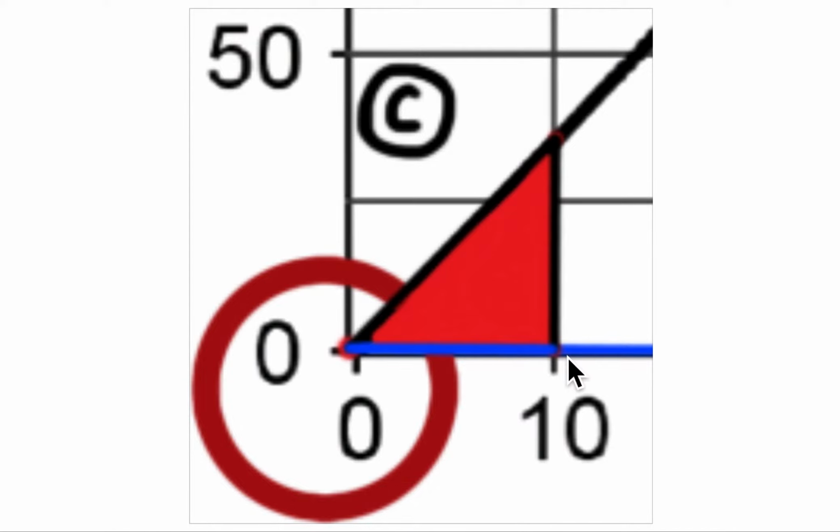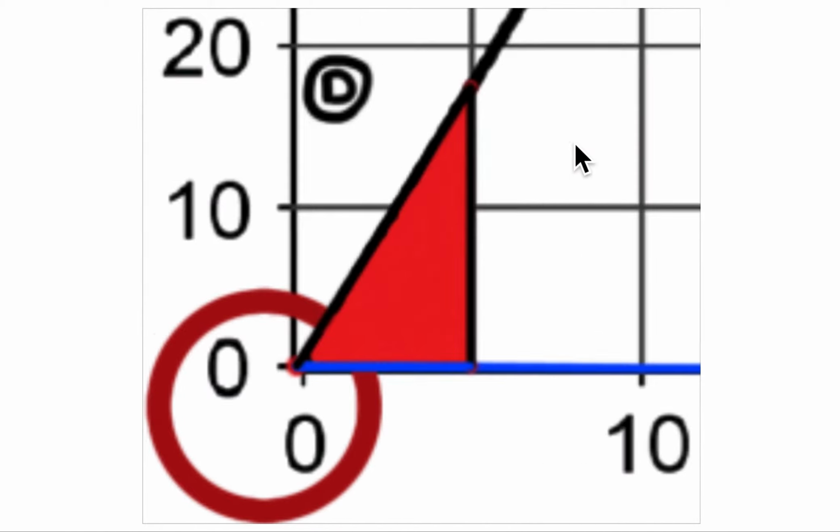Let me say that again. The number of units along the y-axis is 3.5 times the number of units along the x-axis. So this is 10. 3.5 times 10 is 35. This one is out to 5, and it looks like up to about, oh, this is 17.5.